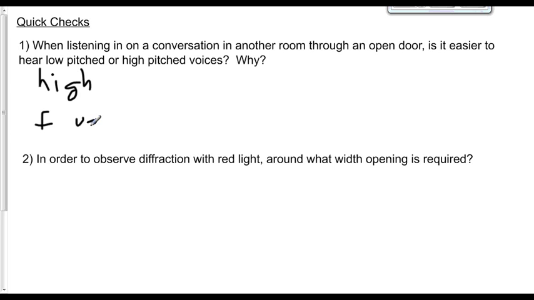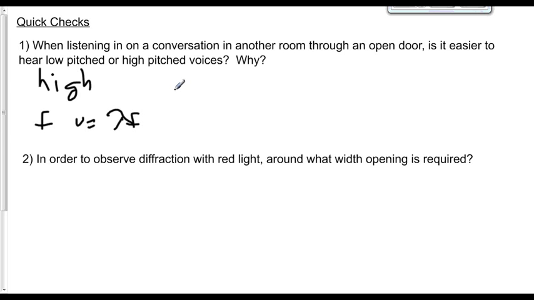We remember the universal wave equation, v equals lambda f. So if I have a high frequency, I'm going to have a short wavelength. A high-pitched voice will have a short wavelength, and a low-pitched voice will have a long wavelength.